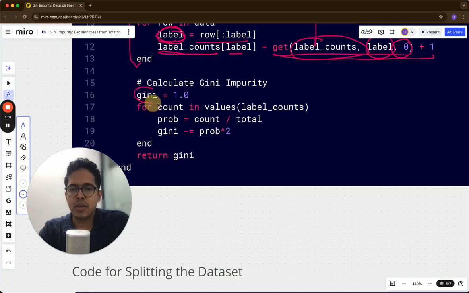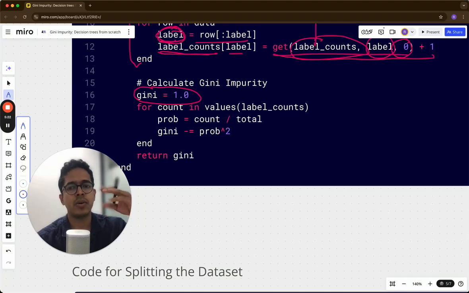Gini impurity is originally assigned to be 1.0 because that is the maximum possible Gini impurity, because 1 minus sigma pi square, where pi in the worst case can be 1 by n, where n tends to infinity, becomes 1 minus 1 by n, which is n minus 1 by n. So in the limiting case where n tends to infinity, Gini impurity will be close to 1. We discussed that during the theory part.